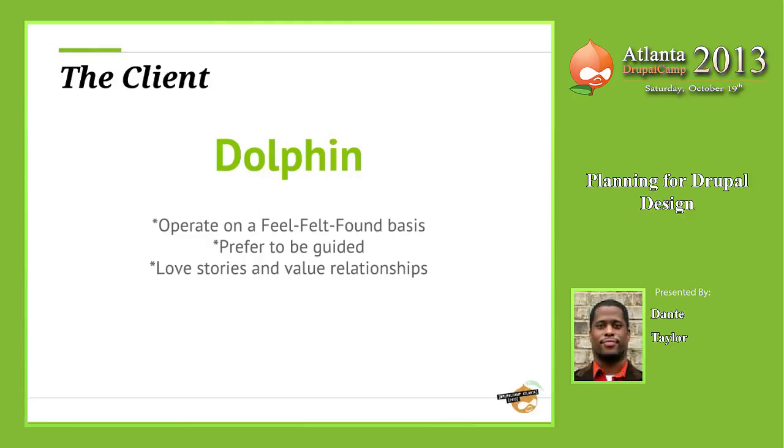All these different types could be in one person, but people tend to lean more towards one of these personality archetypes. That is very important because that determines how you need to present your information or sell the project to them. Dolphins prefer to be guided. They need to be guided through the process every step of the way. Again, they value relationships.